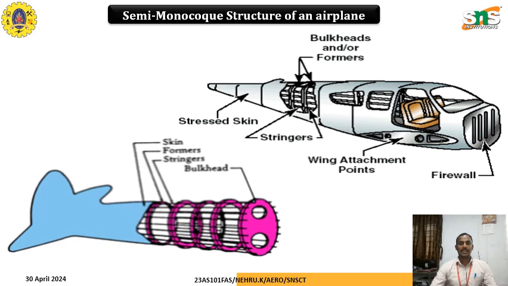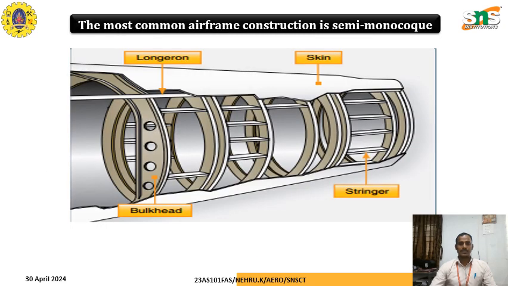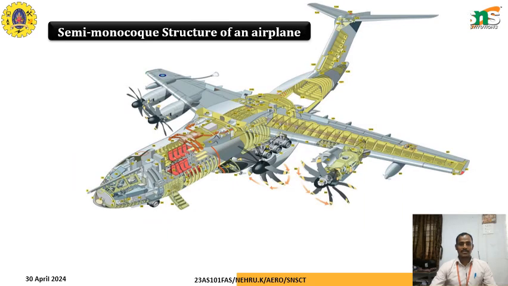Here we can see the semi-monocoque structure, which has stringers, bulkheads, and formers, covered by the sheet, that is stressed skin sheets, and bulkheads with the firewall. In this picture, we see the most common airframe construction, semi-monocoque, having bulkheads, longerons, skin, and stringers. This is an example of the construction of a large transport aircraft, which is designed with a semi-monocoque structure.